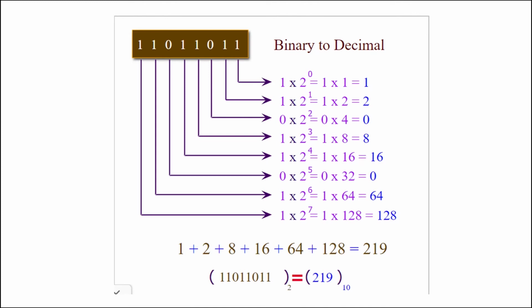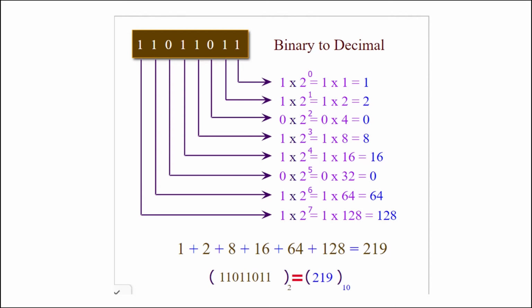It represents the decimal value of 1 times 2 to the power 7, because the position is the 7th one. So the value is 128.